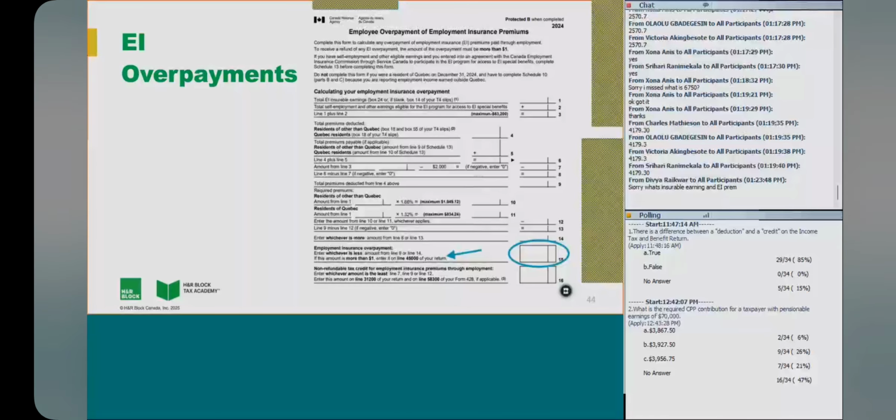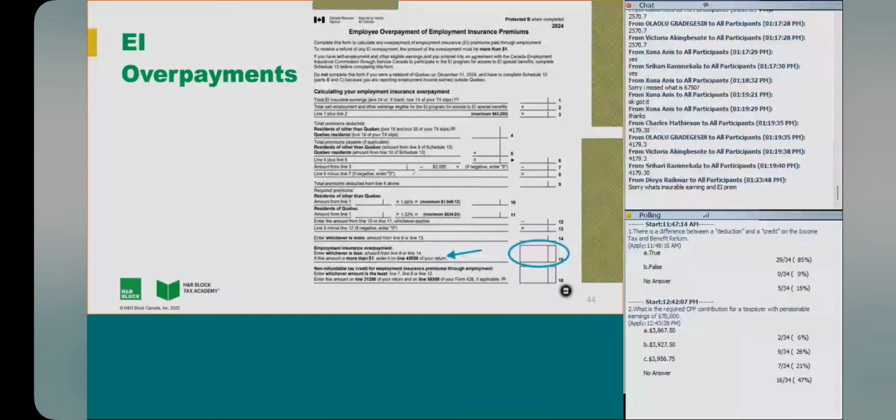So your overpayment will usually only result either through a payroll error or if you have more than one job, because again, the maximum of $63,200 only applies per year, not per job.